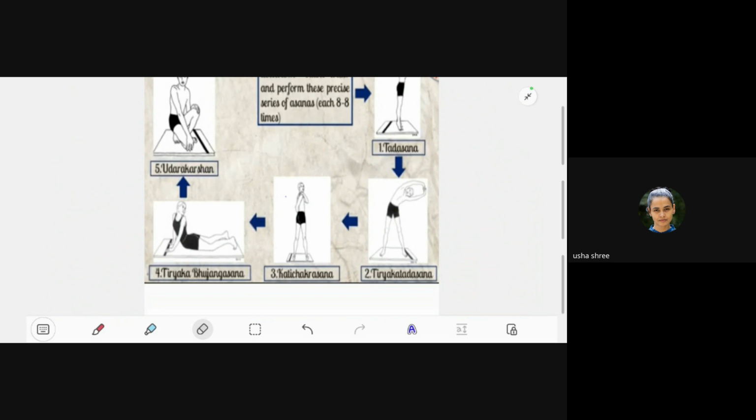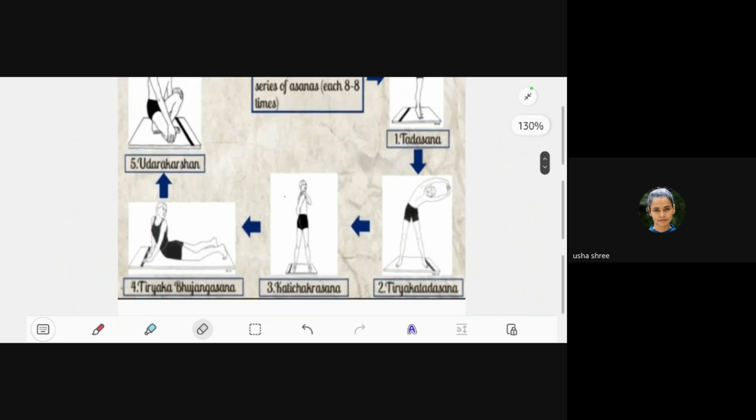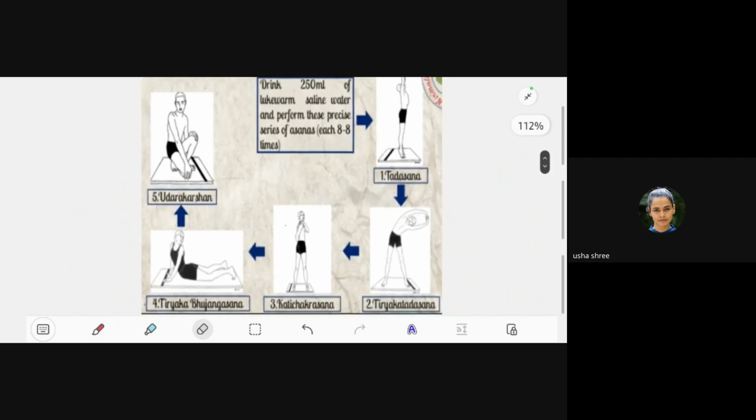The one who is in old age cannot perform these asanas quickly, so I would suggest letting them drink water so that it does not get absorbed, and the water goes through the gut and intestine. Only a small amount of water will be absorbed.